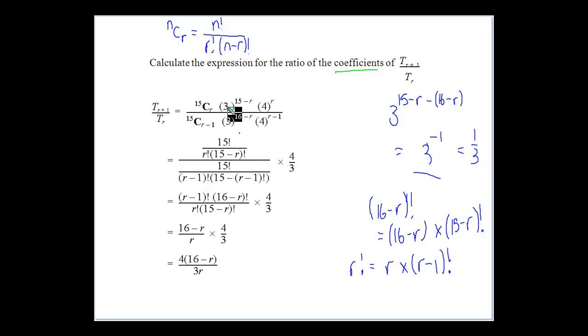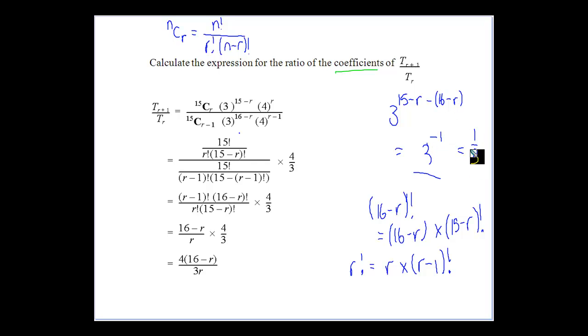Cleaning these parts up, if we compare 3 to the power of 15 minus r and 3 to the power of 16 minus r and do our division, basically it's going to be a subtraction of the powers. So 3 to the power of (15 - r) minus (16 - r) gives us 3 to the power of negative 1. 15 minus 16 is minus 1. Minus r plus r gives us 0.